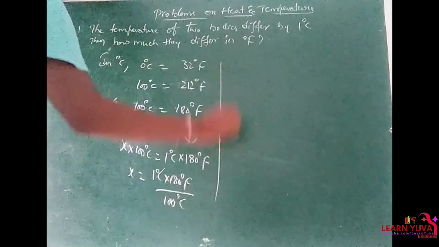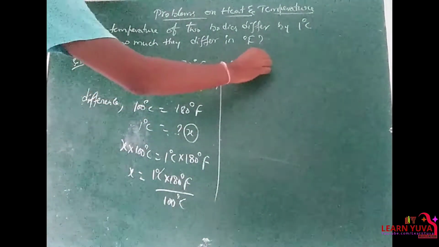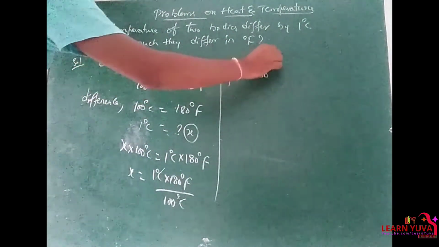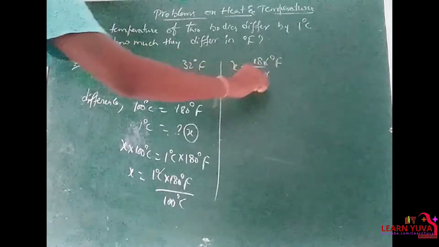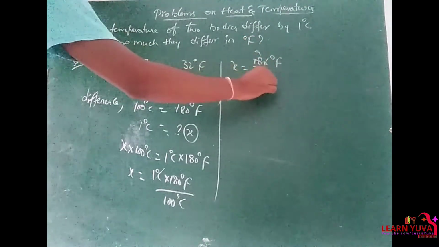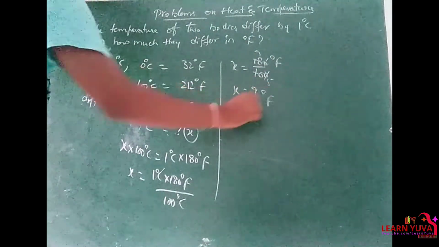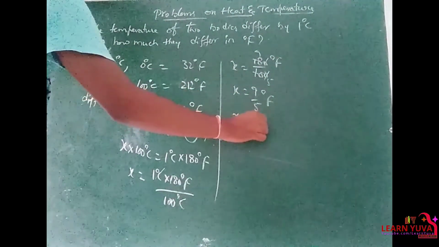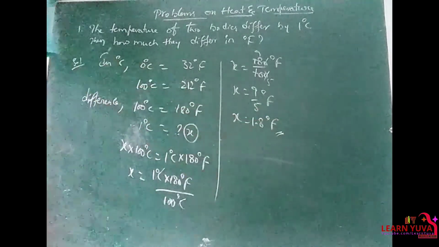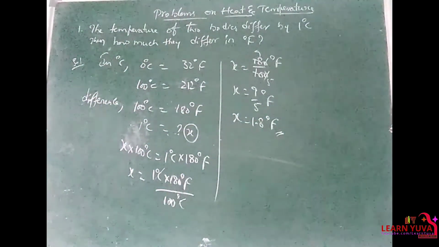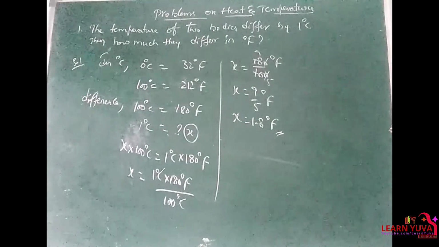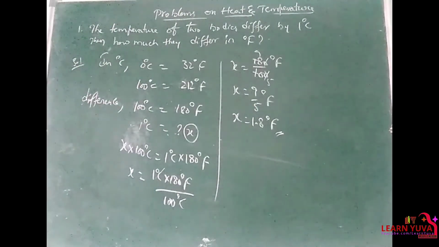So x is equal to 180 by 100, which is 9 by 5 degrees Fahrenheit. That implies x is equal to 1.8 degrees Fahrenheit. Clear? Is there any doubt in that?